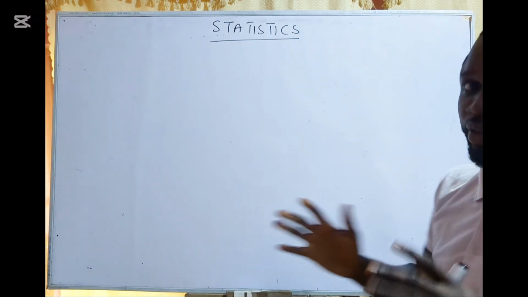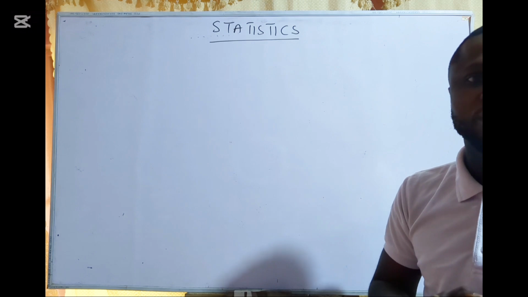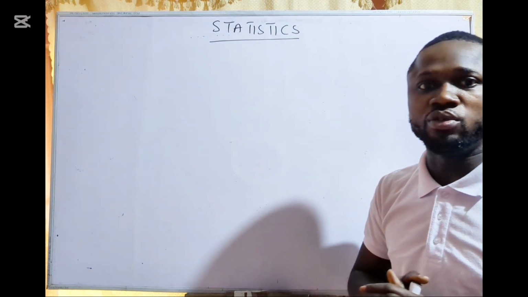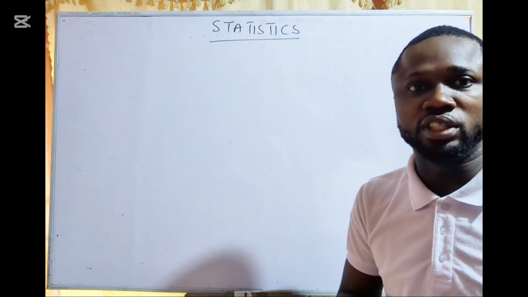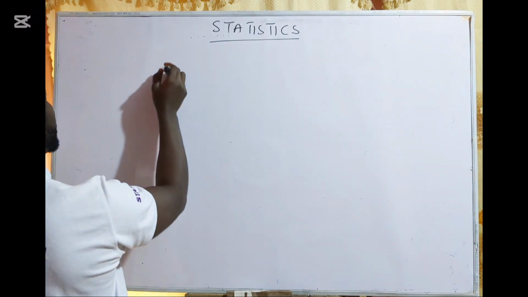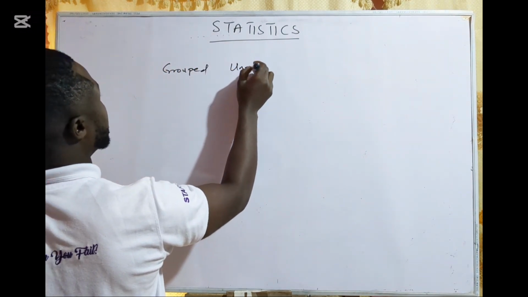Okay, but in this aspect of statistics, what we are going to look at first of all is the frequency distribution table. When you are given data, how you will be able to construct a frequency distribution table. In the frequency distribution table, we have the grouped and the ungrouped.